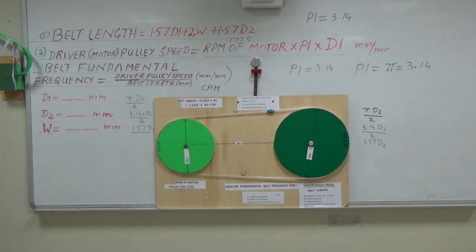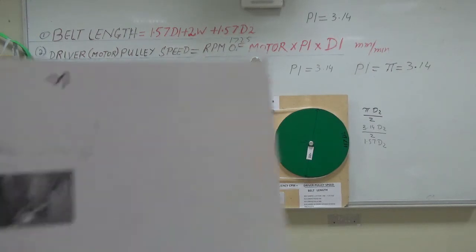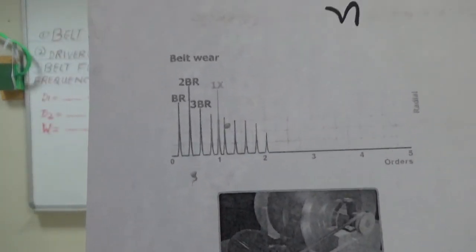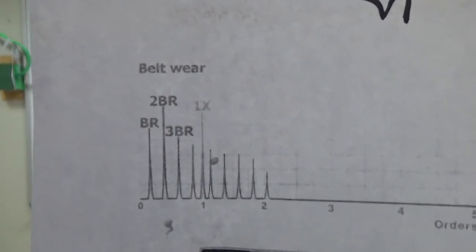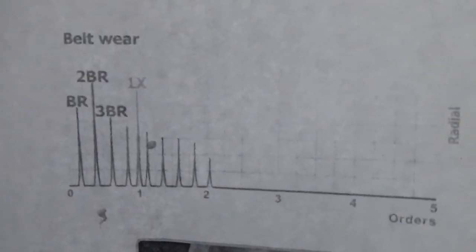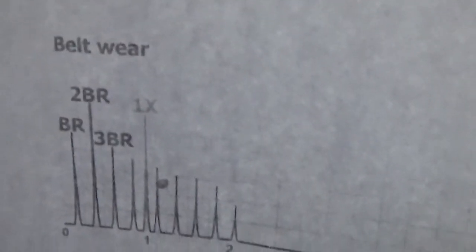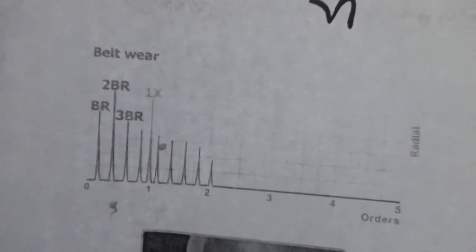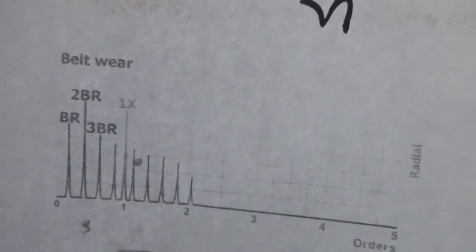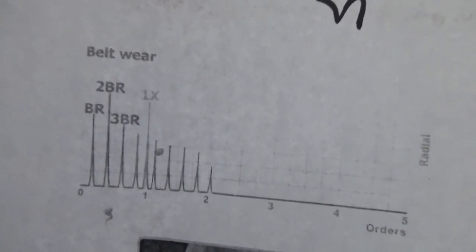So I will show you now. You can see here, this is the spectrum, and this is how you will see the spectrum for the belt if the belt is worn out or damaged.